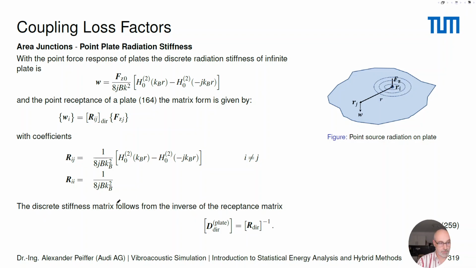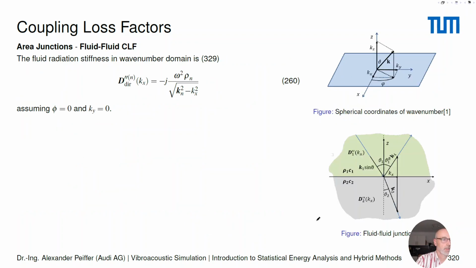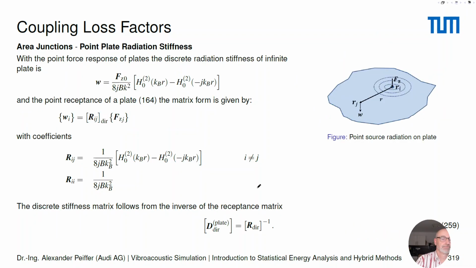However, we have to keep in mind this is not a stiffness matrix, this is a reciprocal of the stiffness matrix, so we have to invert it, and then we have the discrete radiation stiffness of a plate.